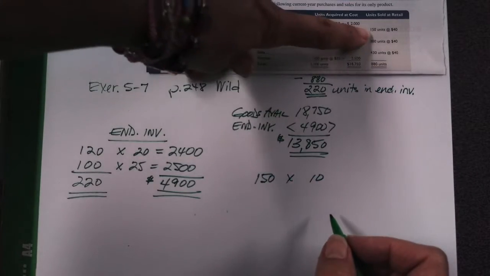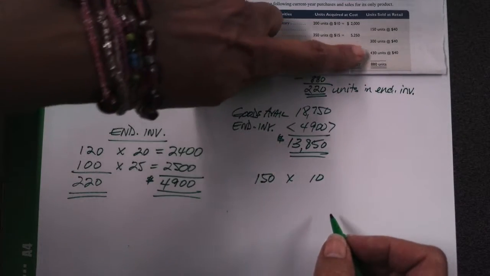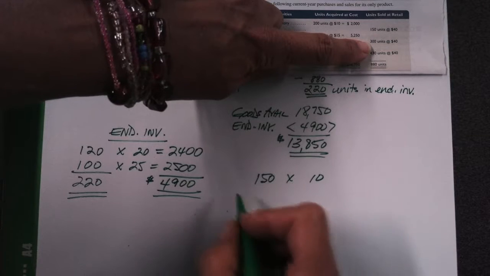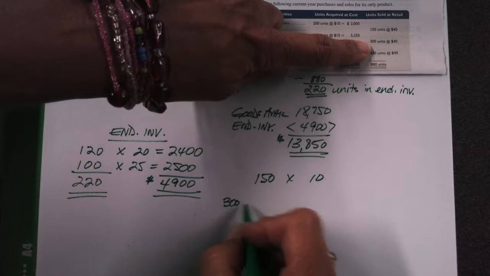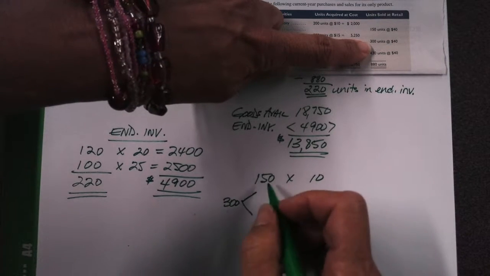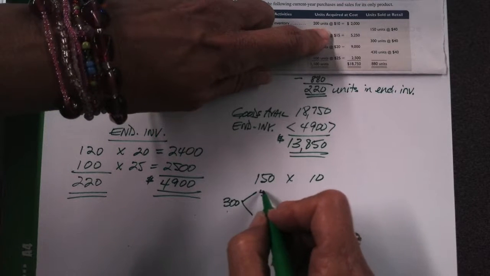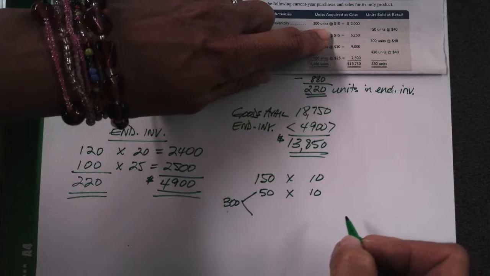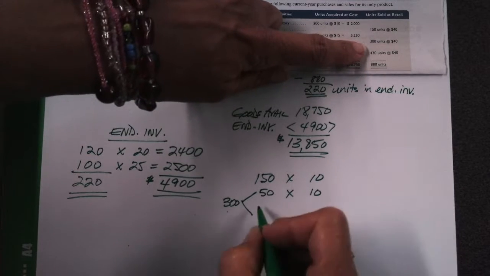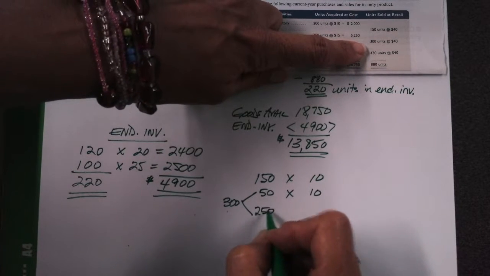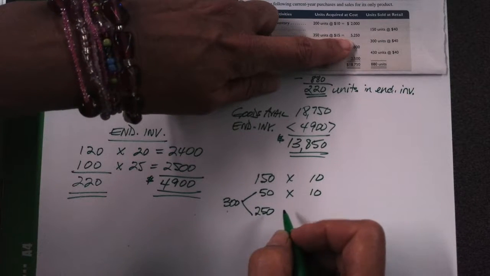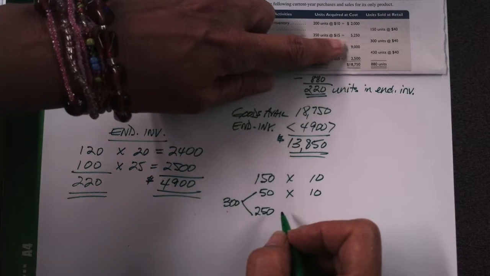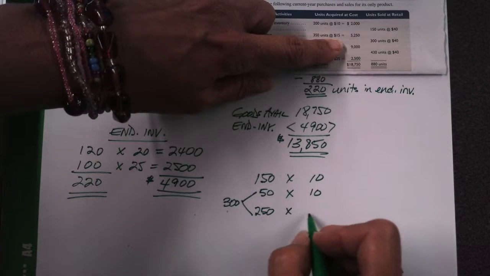There's 200, we just sold 150. Then we sold 300 units. Well, that 300 is going to come partly from the 50 units left over from beginning inventory, so that's $10, okay? And the other 250 units are going to come from the next purchase of stuff that we made. So that was at $15.